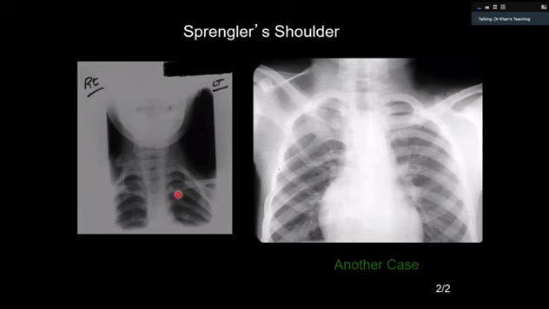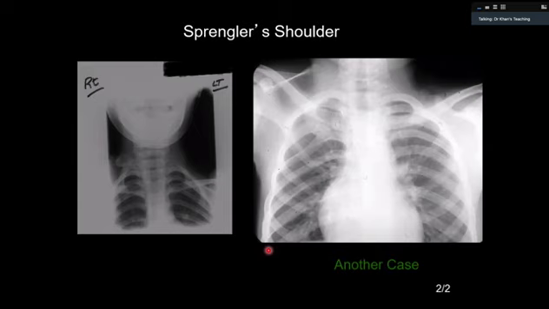Sprengel shoulder, if you go back to your embryology, this, by the way, is another case. The shoulder girdle actually develops in the neck, and from there it descends downwards. Sometimes it doesn't descend, and the scapula is arrested.